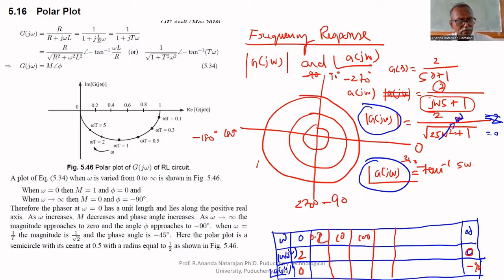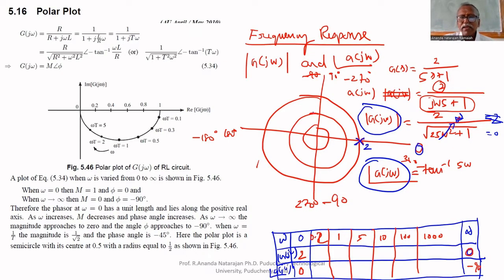So we take 0.2, 1, 5, 10, 100, 1000. Like that, you have to find various values. The initial value when omega equal to 0: the magnitude is 2 and the angle is 0.